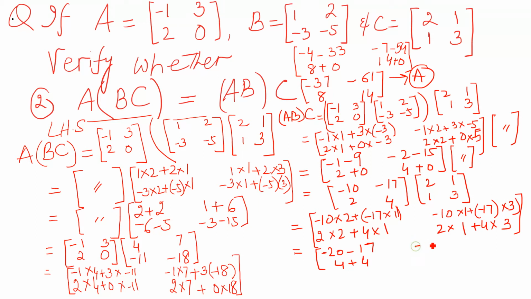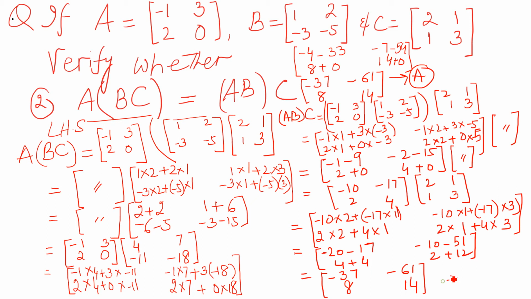Here is negative 10 minus 51. Here is 2 plus 12. So add it. It will be minus 37, 8, negative 61 or 14.